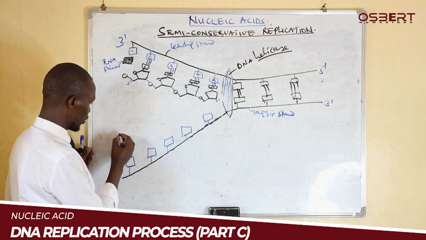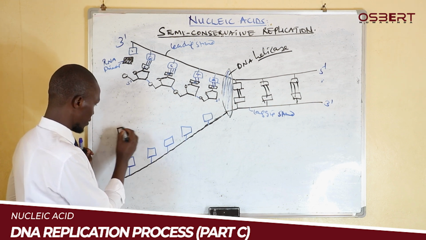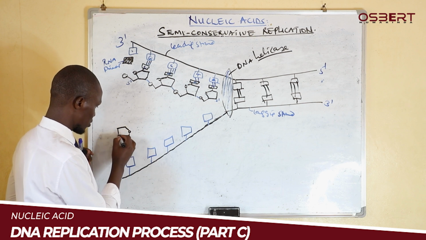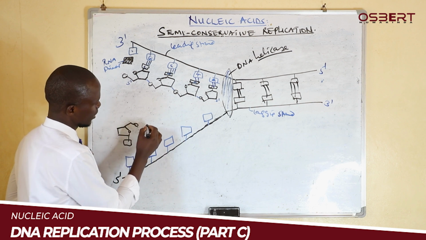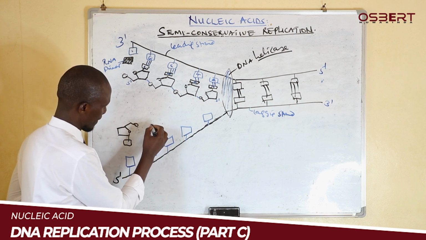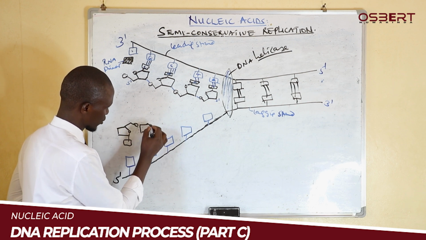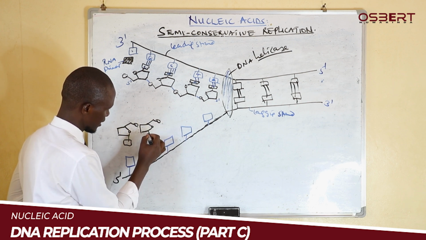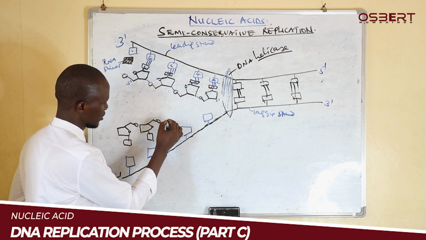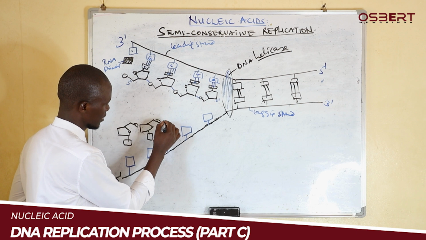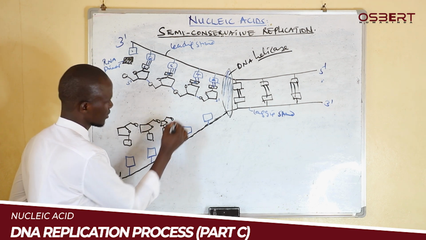We would have a pentose sugar, a phosphoric acid, and a nitrogenous base like that. Then another pentose sugar, phosphoric acid, and nitrogenous base.